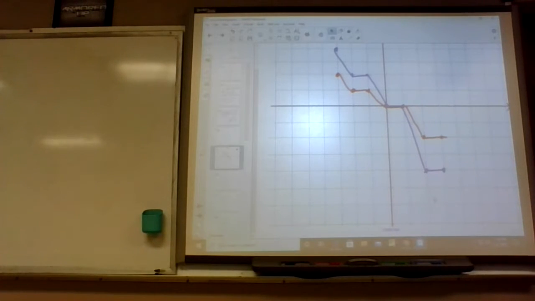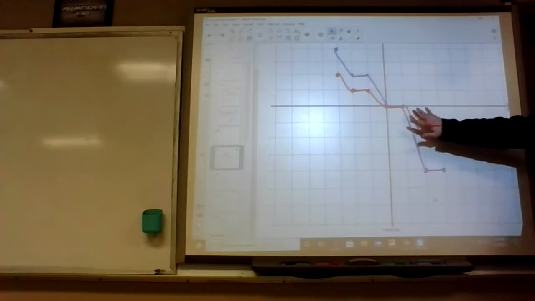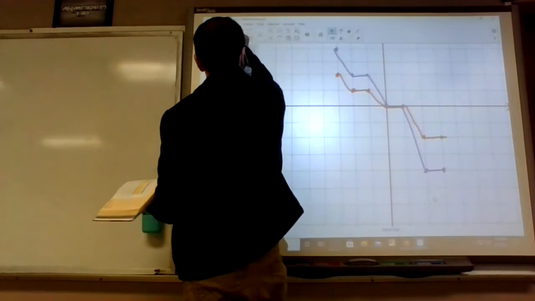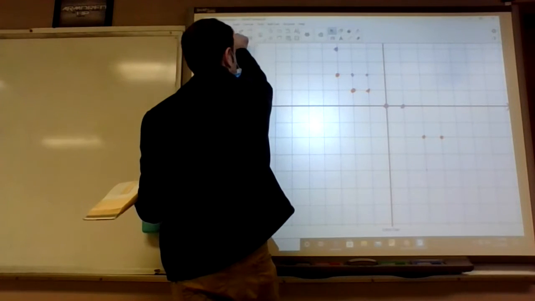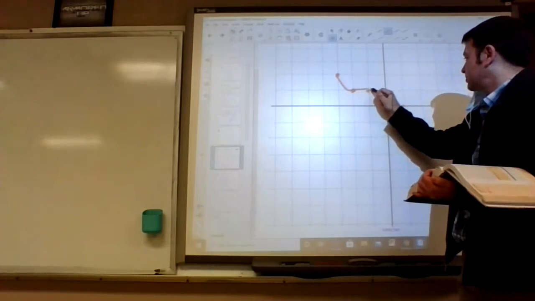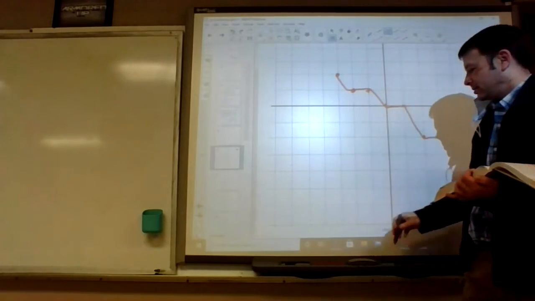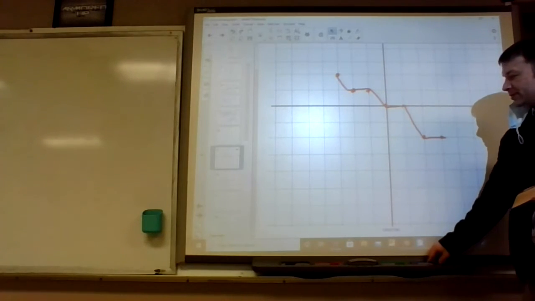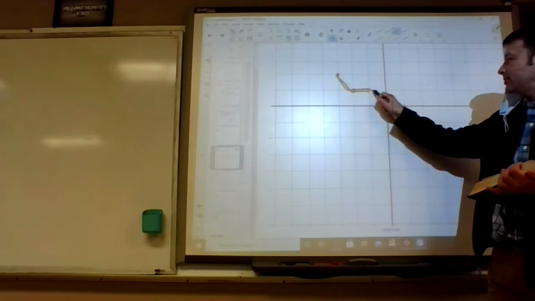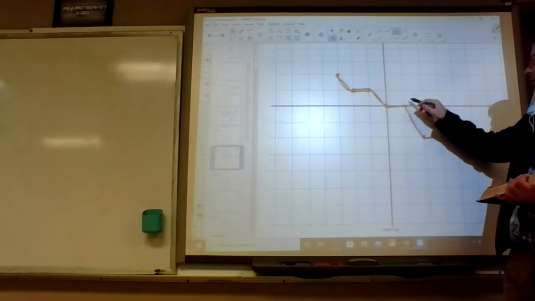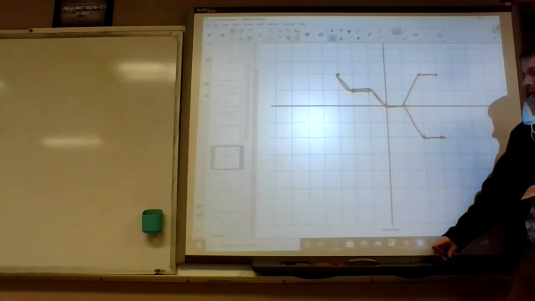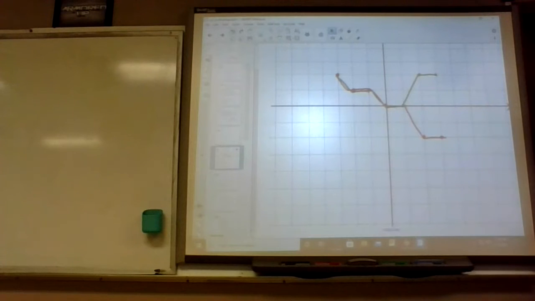Right, where it was negative, it makes it positive, so all this negative stuff is going to bounce. Let me go back to my original. This is the original. So absolute value makes everything positive, so where it was negative, it's going to bounce to positive. The first part is going to be the same, and then since it goes negative there, it's going to bounce to positive here. So the green one would be the graph of the absolute value.